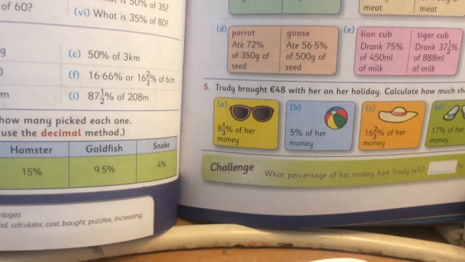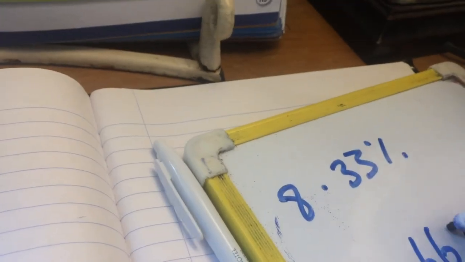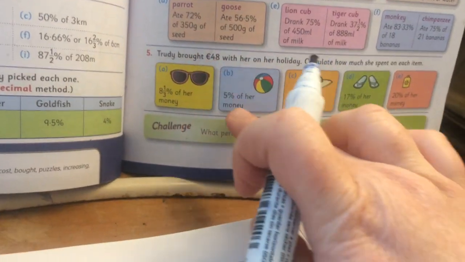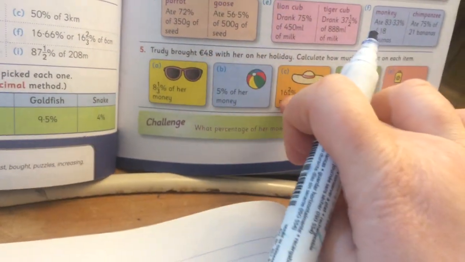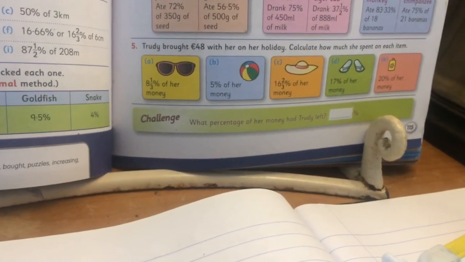The 2/3 is 66.66. And 16.66%. So you work that out of her 48 euros, 16.66% of 48 euros, and that's your answer.